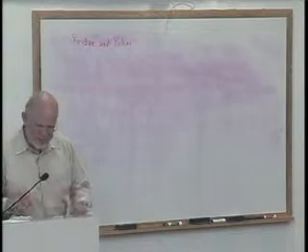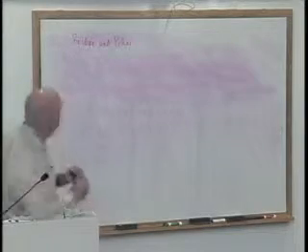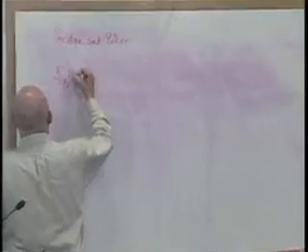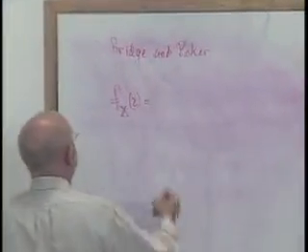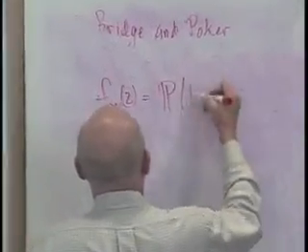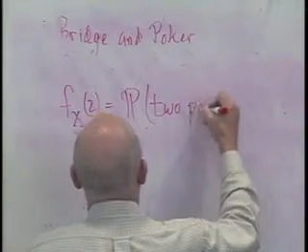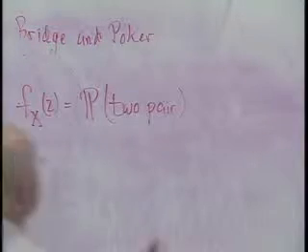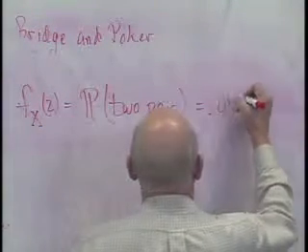So everyone will agree that it should say little f sub x of 2 is equal to the probability of the poker hand that's called 2 pair. And Durango Bill and Sturzacher both say that's roughly 0.048.